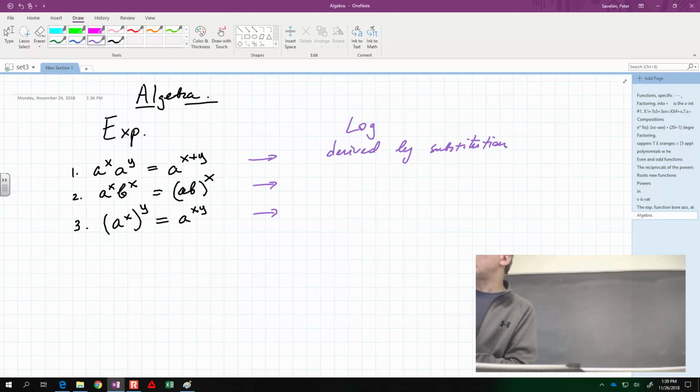So we're going to derive them, but maybe I'm jumping forward too fast. Let's talk more about the logarithm on a more basic level before we get to the rules.